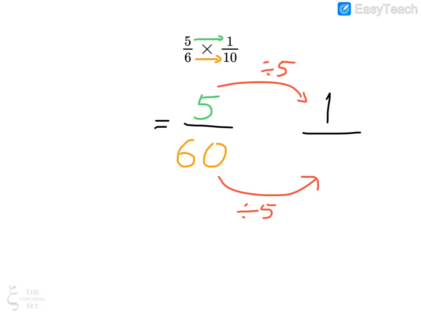And how many 5s make 60? We could count up in 5s maybe. 5, 10, 15, 20, 25, 30, 35, 40, 45, 50, 55, 60. How many was that? It was 12 of them. Good, well done. So my answer when I do 5/6 times 1/10 is I get 1/12.